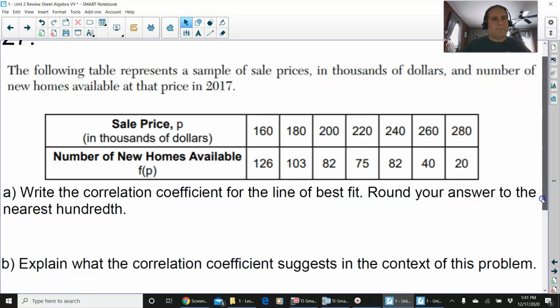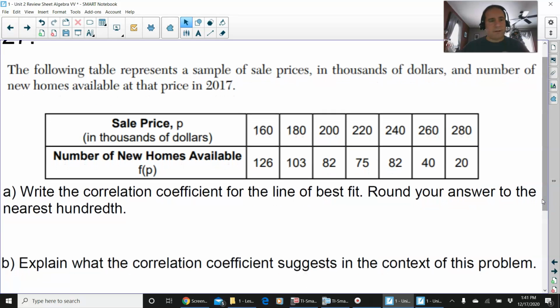Right, so they just want the correlation coefficient, right? So just be careful about this one because it says in thousands of dollars, and I get confused when they use different letters than X and Y. So you know that the X values are going to be on the top of a table.